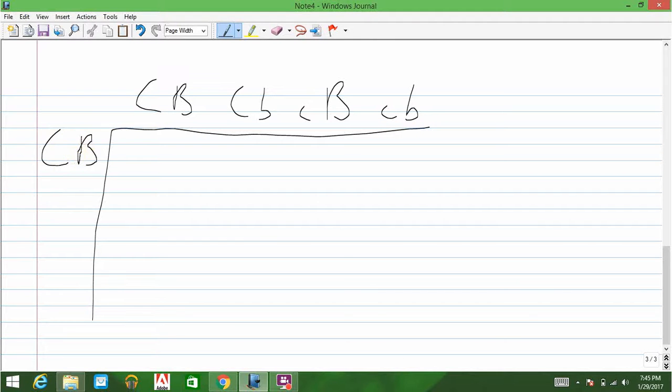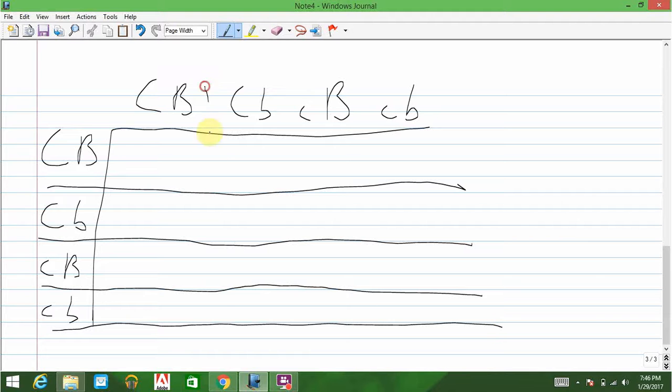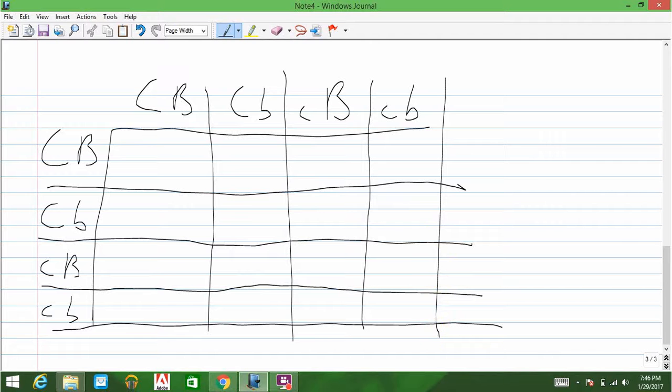So big C, big B, big C, little b, little c, big B, and little c, little b. Okay. So this is the same Punnett square you use with the monohybrid crosses, but it's just bigger, and there's 16 squares instead of 4.